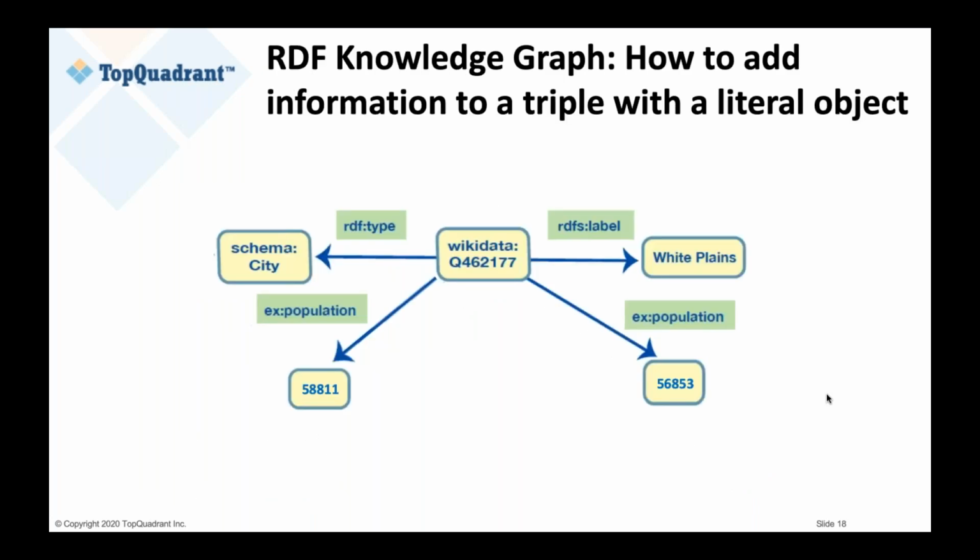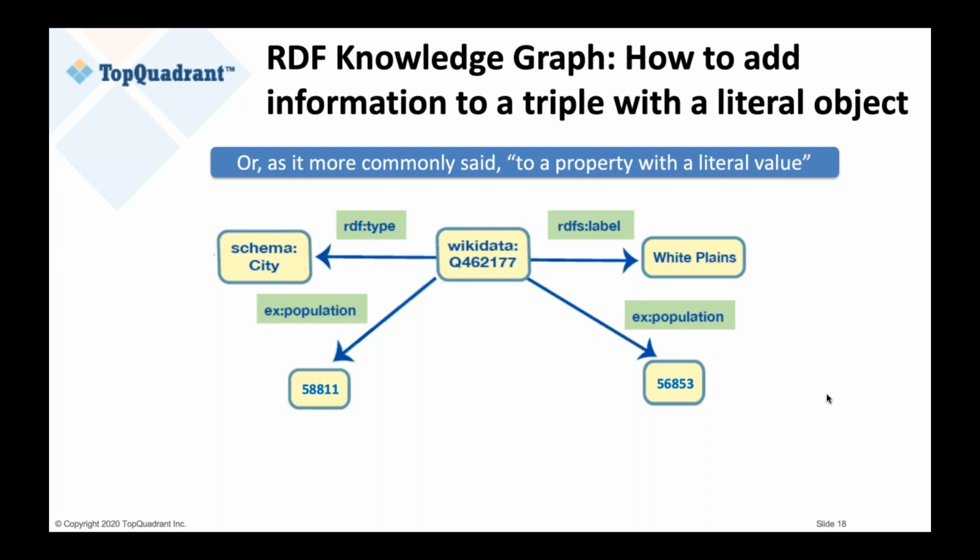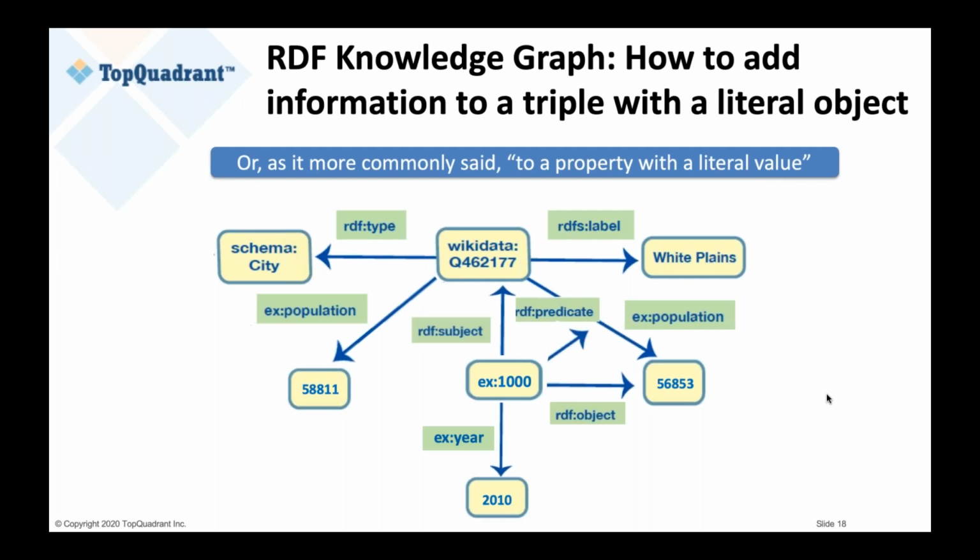Now, how would we handle it in the RDF knowledge graph? We already saw that with Tom Hanks and a role. We're just going to do exactly the same thing, because we can annotate any edge, and what's connecting these values are edges.